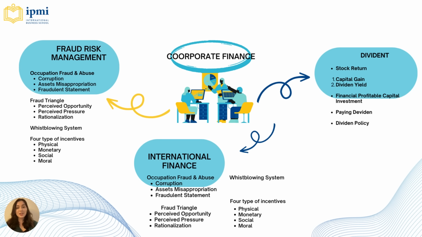Fraud risk management is the process of identifying and understanding fraud risk within an organization. This involves creating programs to detect, stop, and or prevent internal and external fraud for an organization. This may include corruption and asset misappropriation.